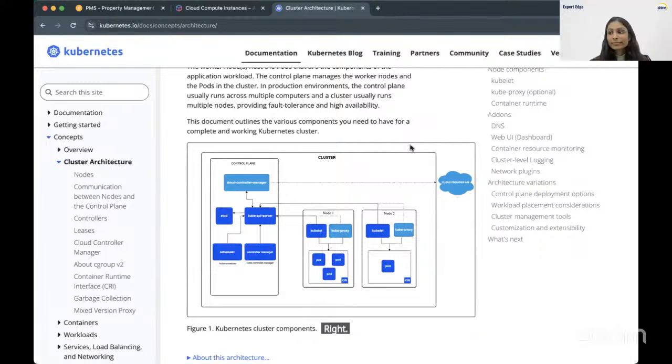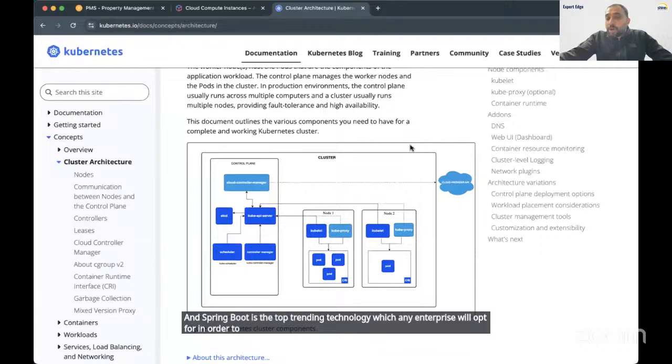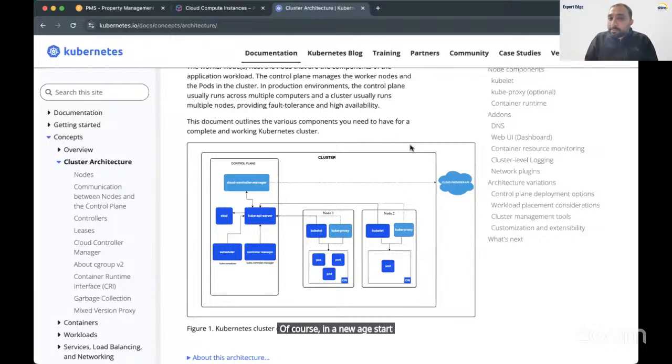And Spring Boot is the top trending technology which any enterprise will opt for in order to develop a robust, scalable backend. And if you pick up any bank, right, so you would see that the Spring Boot and Oracle combination will come into the picture.